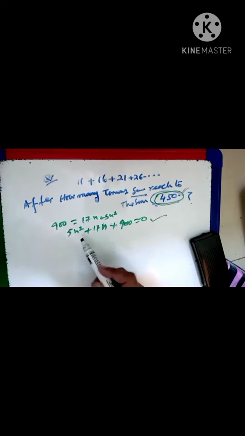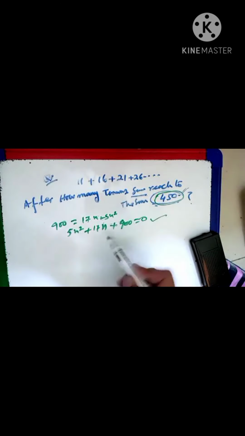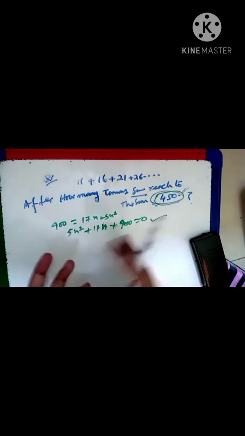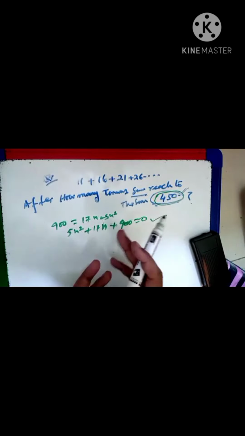I got 900 is equal to n, and then in the brackets 5n plus 17. Yeah, but when these things come, you cannot solve without the quadratic formula. Some students use the calculator and tell me very quickly, sir, the answer is this one.